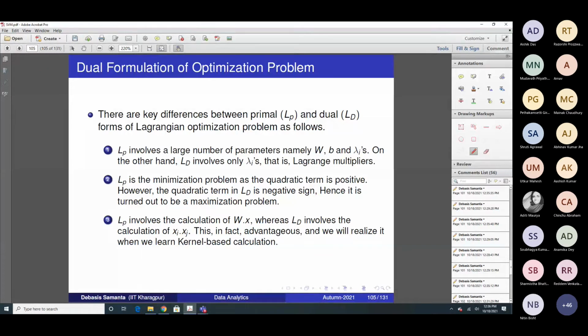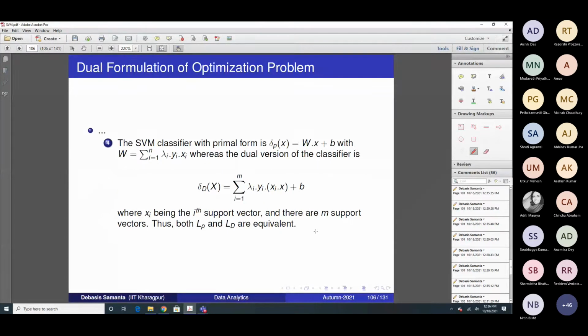Yes, we can use it, and the usefulness is also simplified so far as your prediction or testing is concerned. If unknown data is given to you, then delta D, as I say, is a decision maker, and that can be obtained. Here you have W dot X plus B. We can replace W by this form, and B is an unknown, only a one-time parameter.